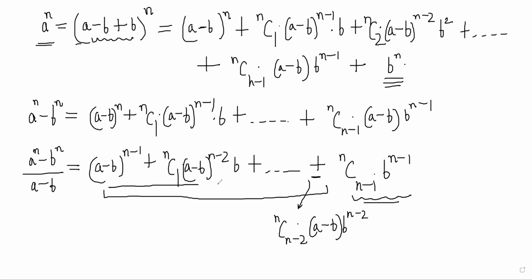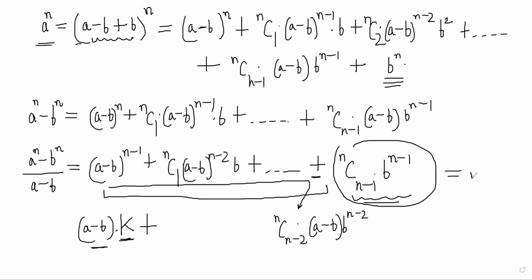So all of these terms have a - b common, so we can take a - b common and write this as some k into (a - b) plus this term. This term is basically equal to n times b^(n-1), because nC(n-1) is n.